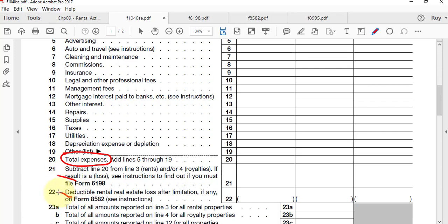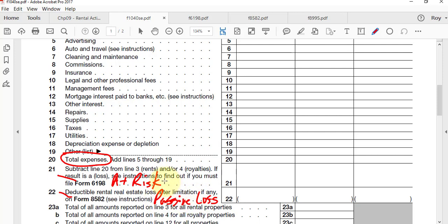The first one is called the at-risk rules or limitations. And the second one is called passive loss limitations. And we applied the at-risk rules first and then the passive loss rules second.